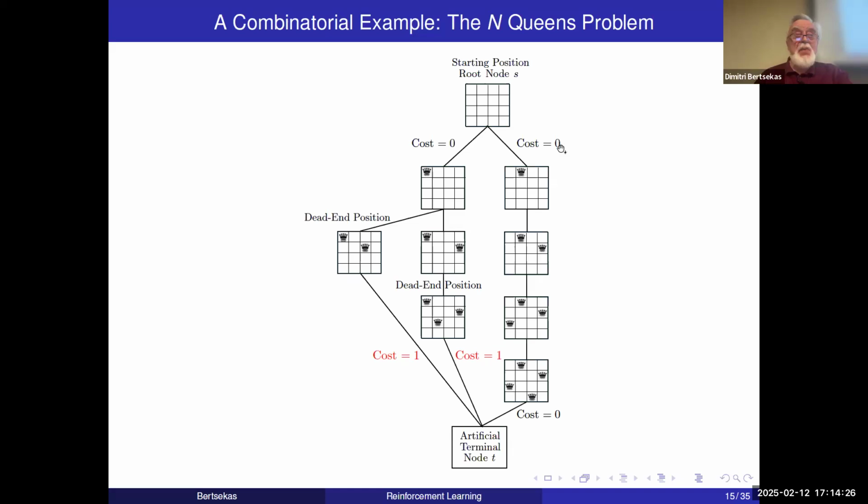Okay, this problem is quite trivial, but even the 8 queens problem, which corresponds to the normal chessboard, has like 16 million possibilities. So brute force is not possible. If you go to larger boards, it's an astronomical number of positions.